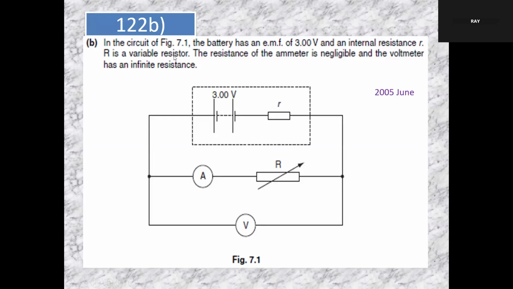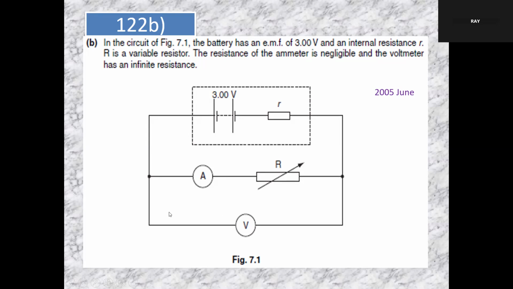In the circuit in the figure, the battery has an EMF of 3 volts, internal resistance r, and R is a variable resistor. The ammeter resistance is negligible, so I don't have to worry about the ammeter. I just read the current through R. And the voltmeter has infinite resistance, so you don't have to worry about resistance there.